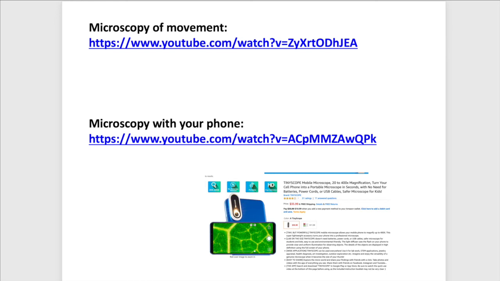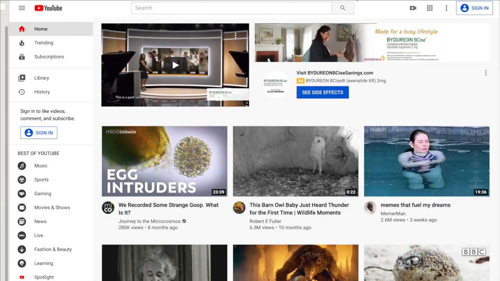Now, if you want to go out and buy a microscope, you've got to go up to about $300 or $400 before they even start being worthwhile. That's a lot of money. So it turns out, you've got a cell phone with a lot of electronics in it, and this is a device that will enable you to use your cell phone as a microscope for about $35 to $40. So let's take a look at what this thing is.